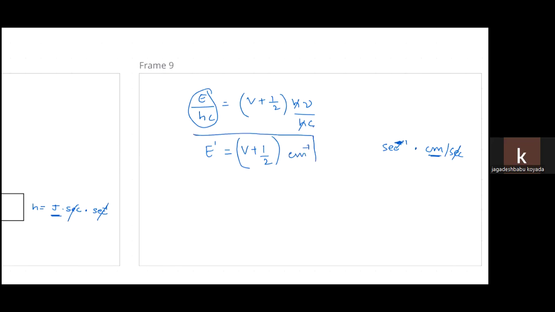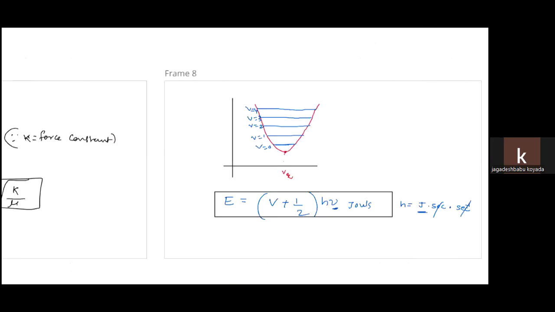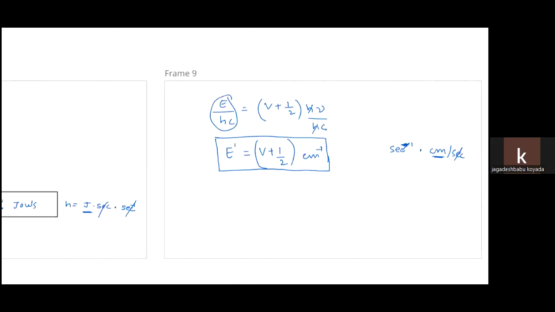From this equation, we can find out the energy levels per molecule. For V is equal to 0, the energy of this vibrational level is V plus half. Instead of nu, we can write omega bar.